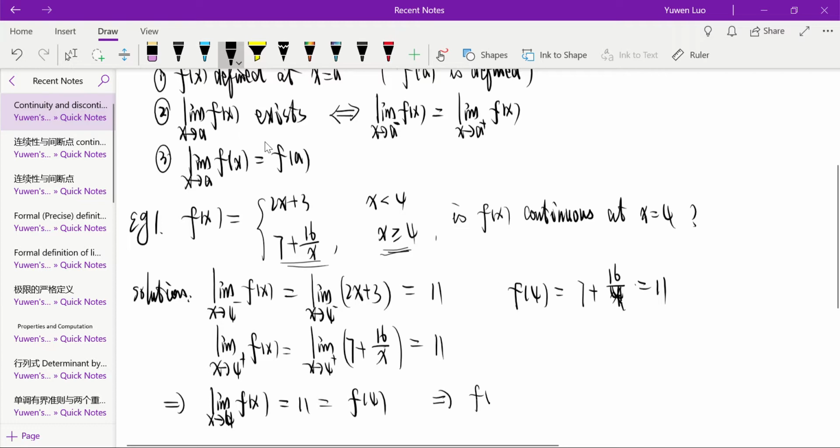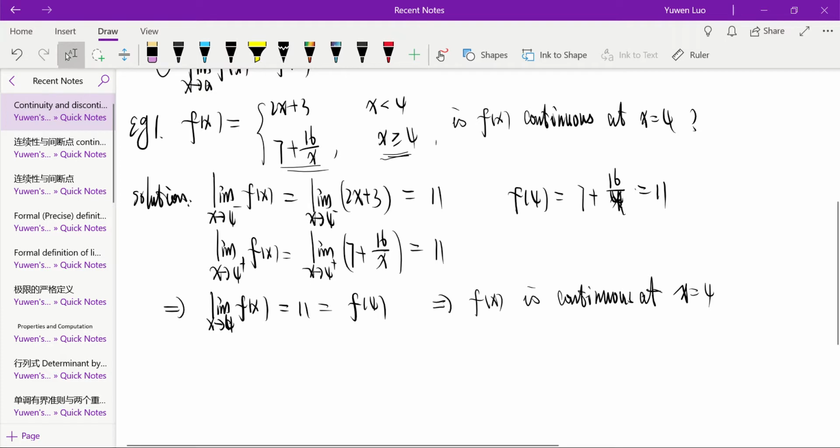So f(x) is continuous at x equals 4. Okay, that's the first example.